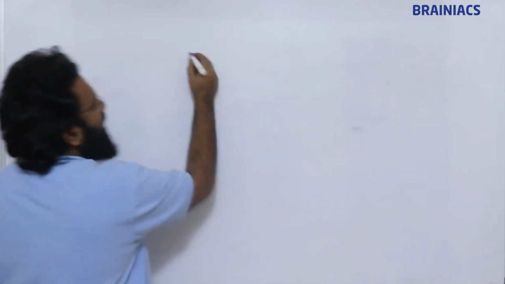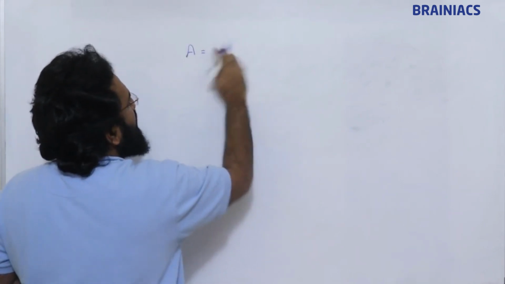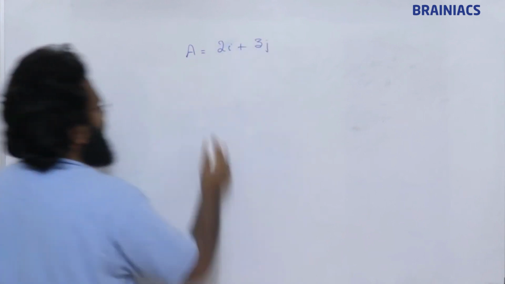Now listen, students, suppose a vector A is equal to 2i plus 3j.